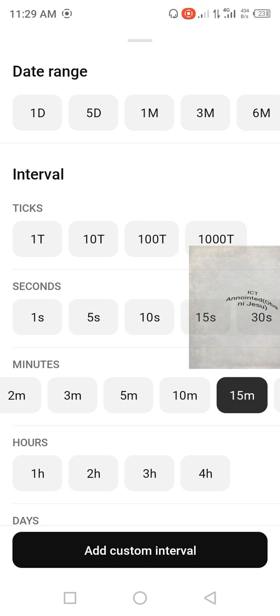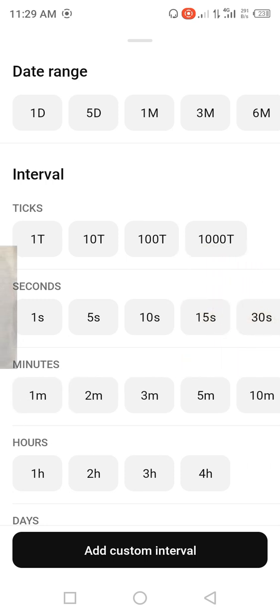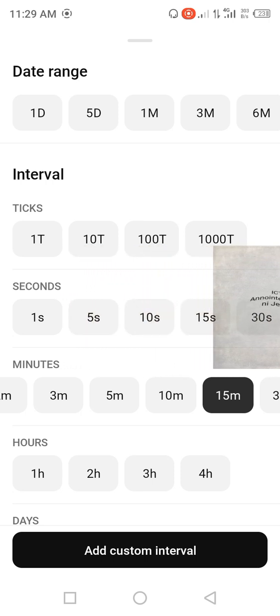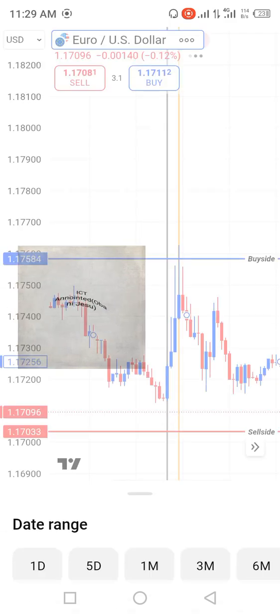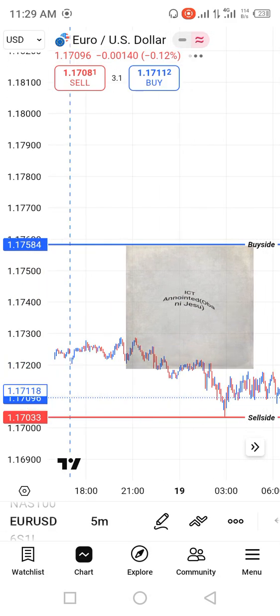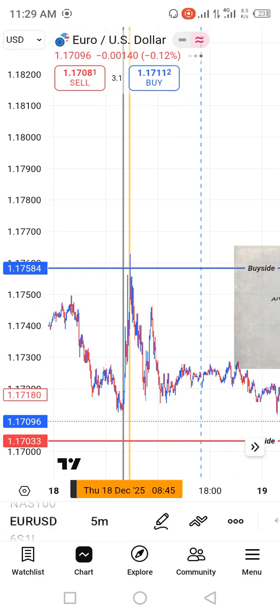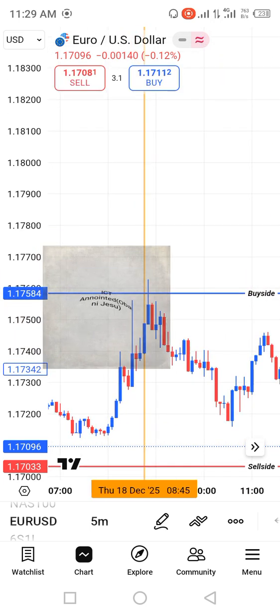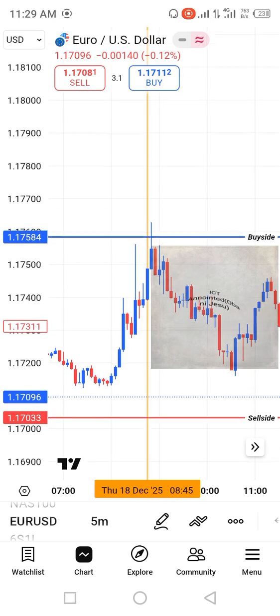Definitely it is now bullish. And here we'll be expecting a bearish run because the foreign currency goes opposite the direction of the dollar index. So I will come to 5 minutes. Let's use 5 minutes here. And let's remove this. You can see the market here.